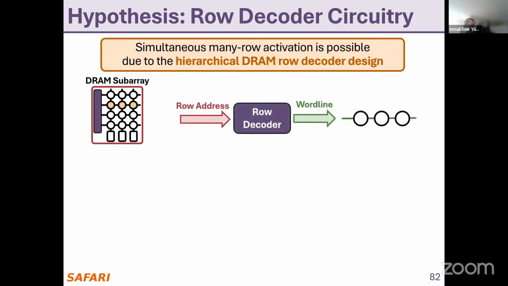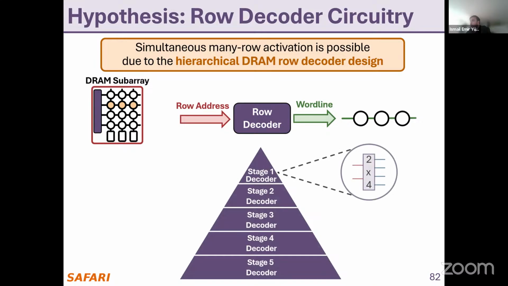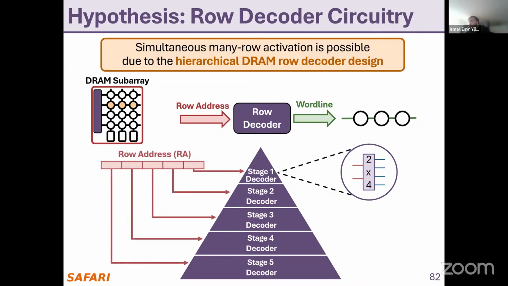So we have a DRAM subarray. When you issue ACT, you give the row address. The row decoder decodes this row address and asserts the corresponding word line. We know, at least from prior papers and some books, that DRAM has hierarchical decoder circuitry to assert the word lines as fast as possible.